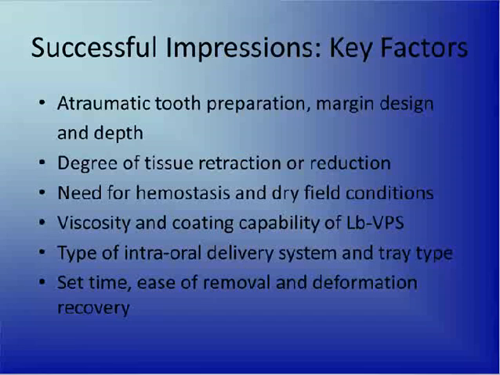And let's take a look at what we really deem important when we talk about a vinyl polysiloxane material. As I mentioned, it's a really stable and very accurate material.